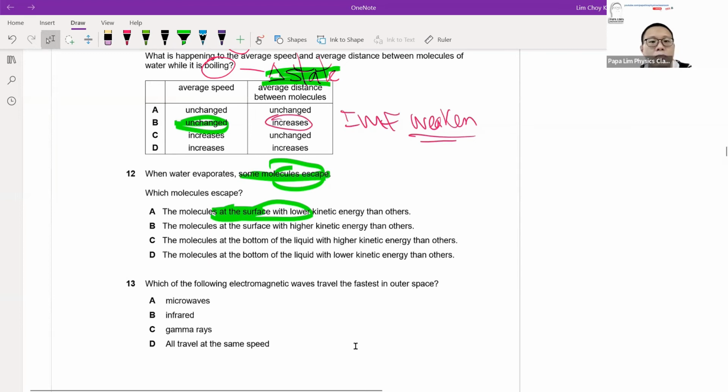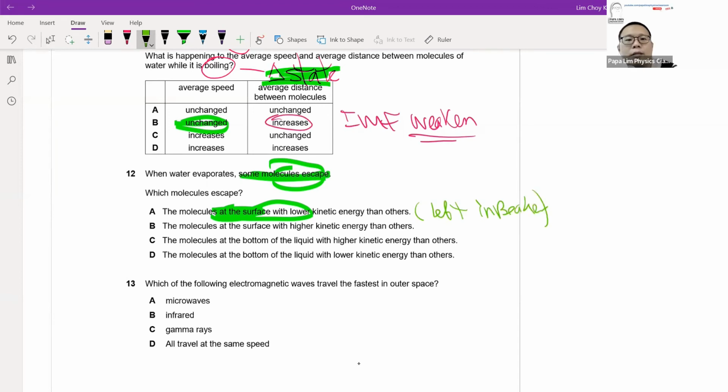So if the question asks what is left in the beaker, then this A will be the answer. But the question asked is what happened to the molecule that escaped, not what happened to the molecule that's left over.